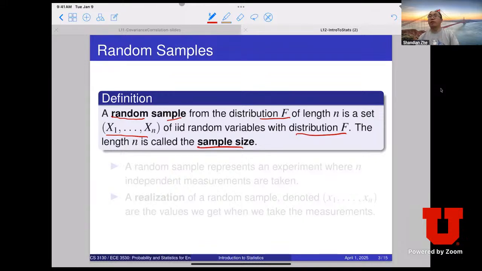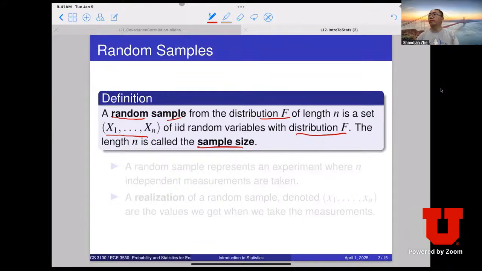So this is the definition of a random sample. It's basically a formal abstraction of doing repeated random experiments in practice. Suppose I flip a coin 10 times and get 10 outcomes. Each outcome is essentially a random variable. I look at these 10 random variables and call this set a random sample of my Bernoulli experiment that flips the coin, and the sample size is simply 10.